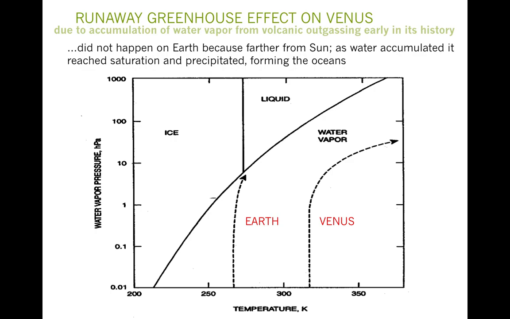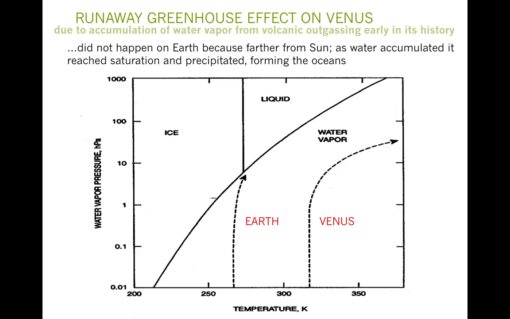So it's that same phase diagram from the slide before. And on the x-axis, you can see the temperature of Earth and where we're starting out at, and the temperature of Venus and where Venus is starting out at. And as the temperature rose on Earth, and there was lots of water vapor in Earth's early atmosphere, it eventually hit the liquid line on this phase diagram.